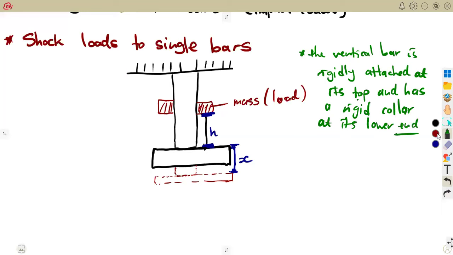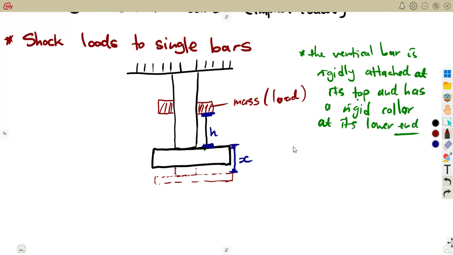So this is what I'm trying to say there. It has a collar already. The height is fallen onto the collar. Then from the collar that we are having, an extension is made. How? Because of this mass.